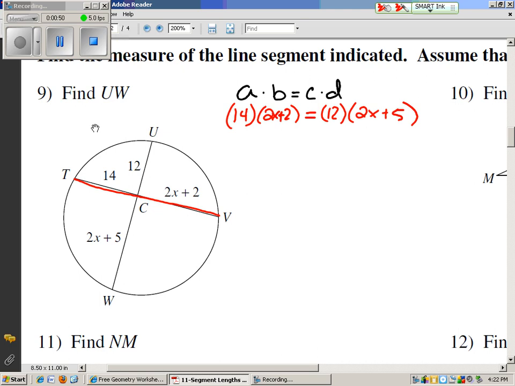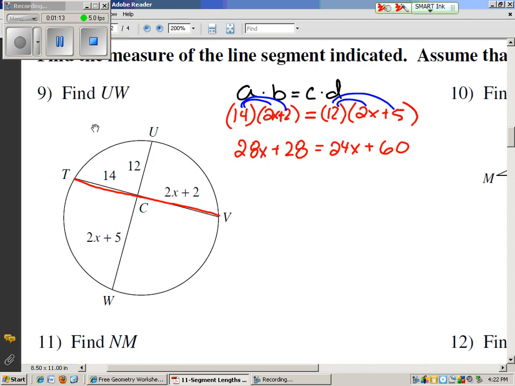All right, so let's go ahead and distribute here. I'm going to distribute 14 to the 2x and then 14 to the 2, 12 to the 2x, 12 to the 5. So this is going to be 28x plus 28 equals 24x plus 12 times 5 is 60.